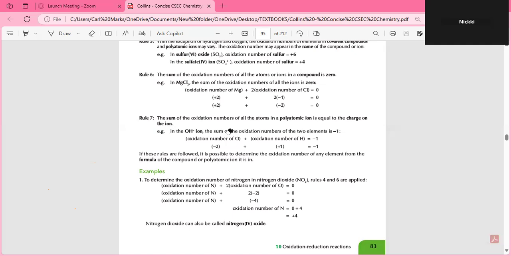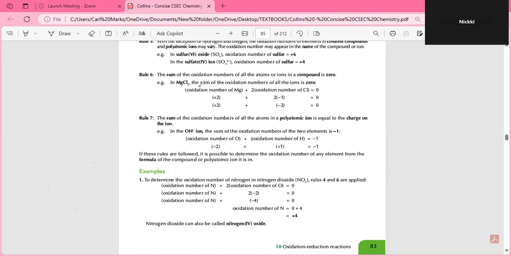Welcome. All right, good. So we look at rule number 6. Whenever we have a compound and we add up these charges, it will be equal to 0, right? So here we have Mg2+, which is a +2.